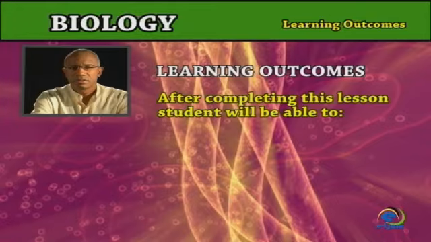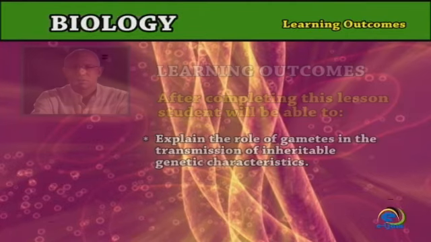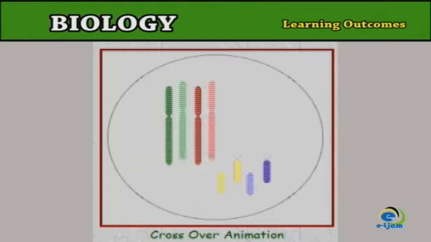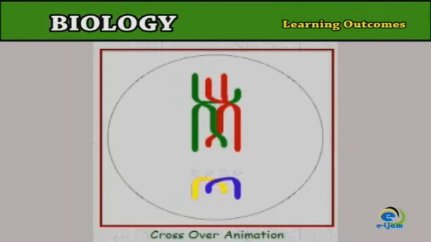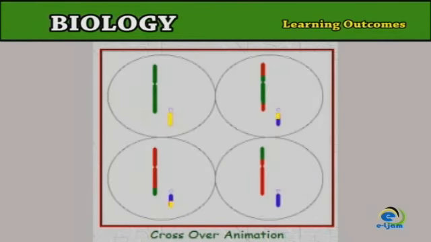After completing this lesson, student will be able to explain the role of gametes in the transmission of inheritable genetic characteristics. Meiosis and genetic variation. Meiosis results in genetic variation by A. The shuffling of maternal and paternal chromosomes and crossing over at prophase 1.